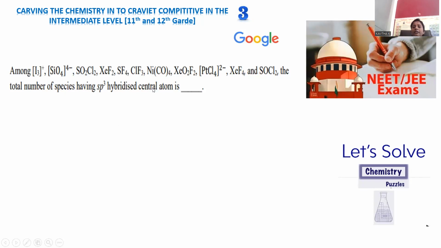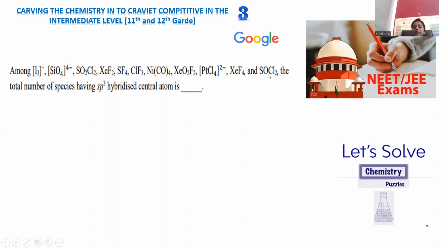Question number 3 is collected from the JEE Advanced 2023 question paper, a recent one. Among I3+, SiO4^4-, SO2Cl2, XeF2, SF4, ClF3, Ni(CO)4, XeO2F2, PtCl4^2-, XeF4, SOCl2, the total number of species having sp3 hybridized central atoms is how many, we have to locate.